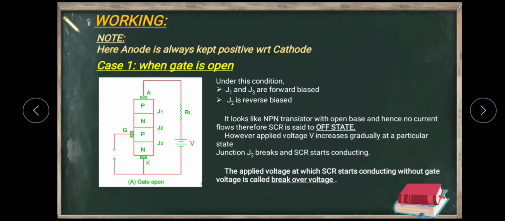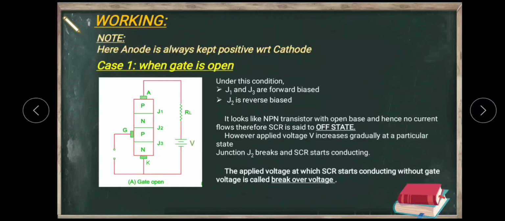Now we'll move to case 2. In this case, a gate voltage is applied between the gate and cathode terminals. Under this condition, electrons move from the N semiconductor towards junction J3.